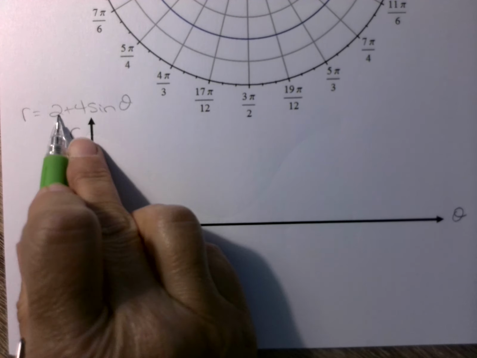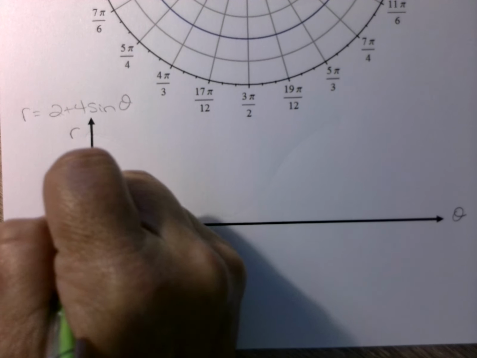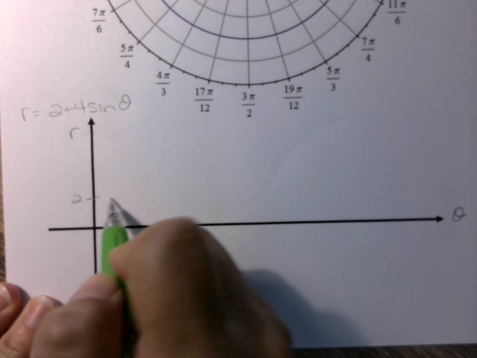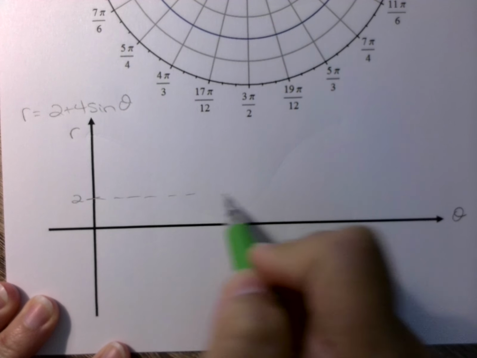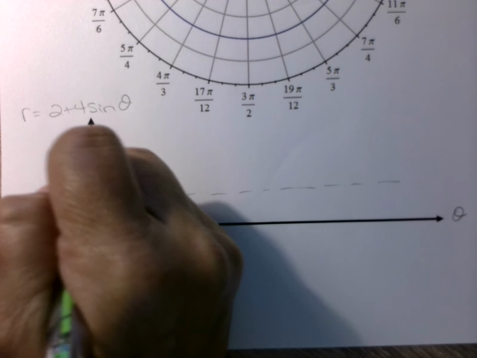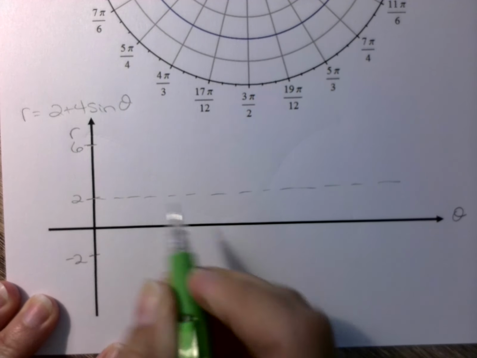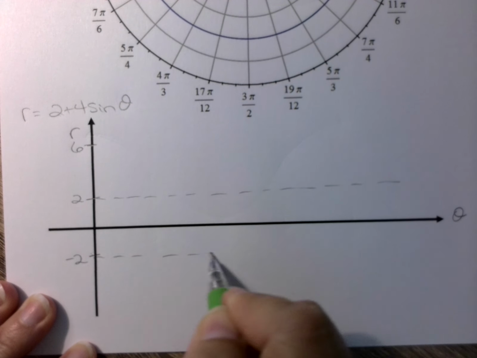So in this case, our midline is being shifted up 2. And I have an amplitude, I'm going to go ahead and sketch that midline across, amplitude of 4, which means we're going to go as high as 6 and as low as -2.